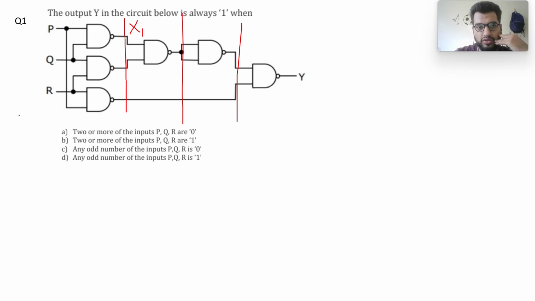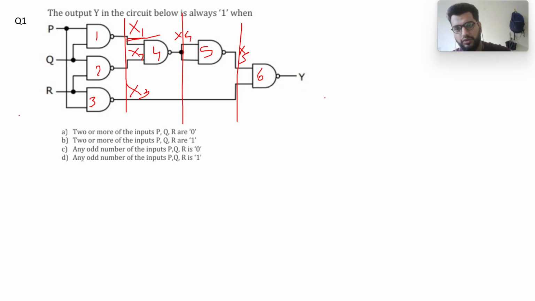I'm calling the output from this AND gate 1, going to NAND gates 4, 5, and 6, X1, and from this I'll call it X2. This is X3, this is X4, and this is X5. And finally, for the final output, I have Y, so I don't need to name it.